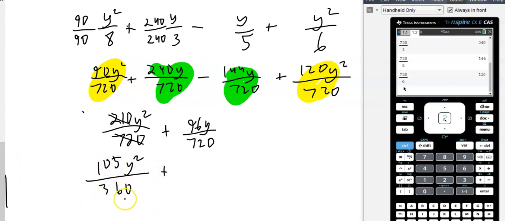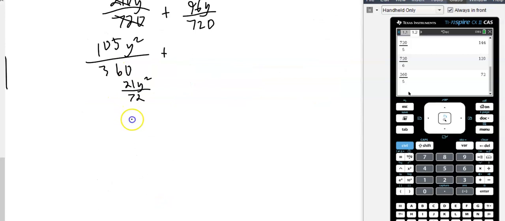So that'd be 21y squared over 360 divided by 5, 72. Those are both divisible by 3. I think I could go even further here. So that would be 7y squared over 72 divided by 3 is 24. Wow.